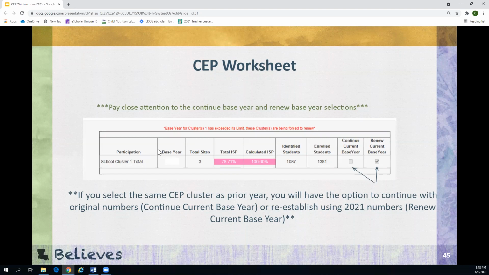So do pay really close attention to that. Oftentimes we'll see that a school system renews the current year, but it's a lower percentage than what they previously had, and they really intended just to extend for another year. So please pay close attention to that selection on the bottom of the screen.